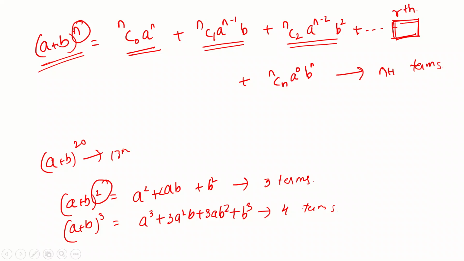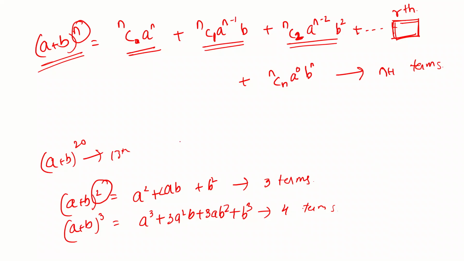Okay, so second observation. In the first term, we have nC0. In the second term, we have nC1. In the third term, we have nC2. That means we have one less number here at the leg of C. So if I say that this is the leg of C, I have one less than the rank of the term.